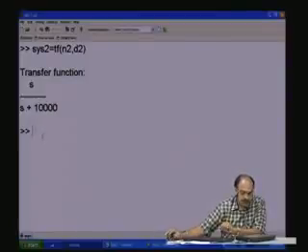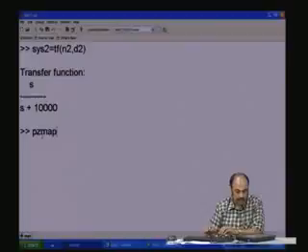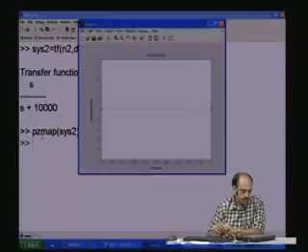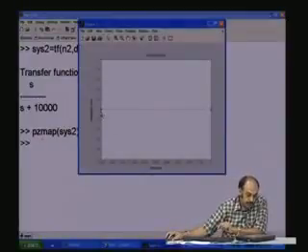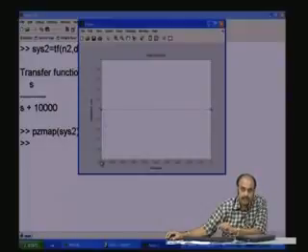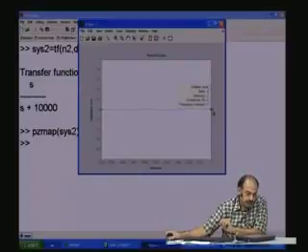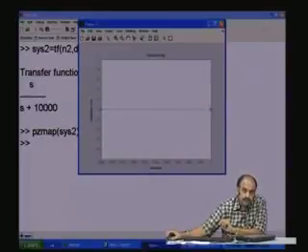How does this look in the pole zero map? pzmap sys 2. You see there is a pole here at minus 10,000, same as in the earlier transfer function, and there is one more thing, there is a zero here at S is equal to 0, which corresponds to the numerator. The roots of the numerator are the zeros, that is what corresponds to the zero here. The roots of the denominator are the poles, that corresponds to the pole here.